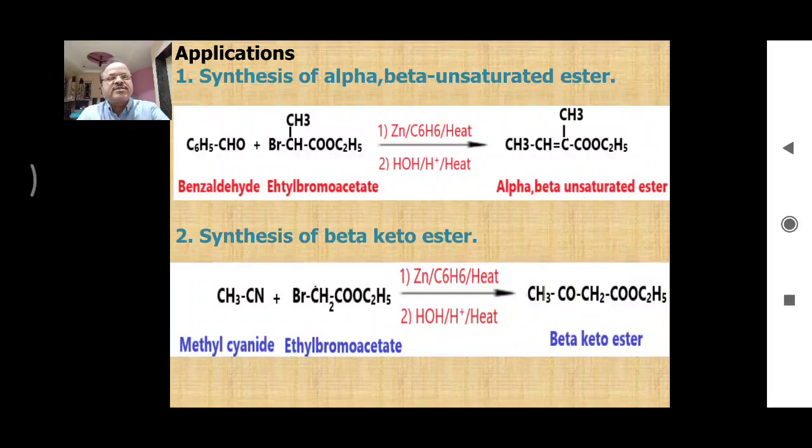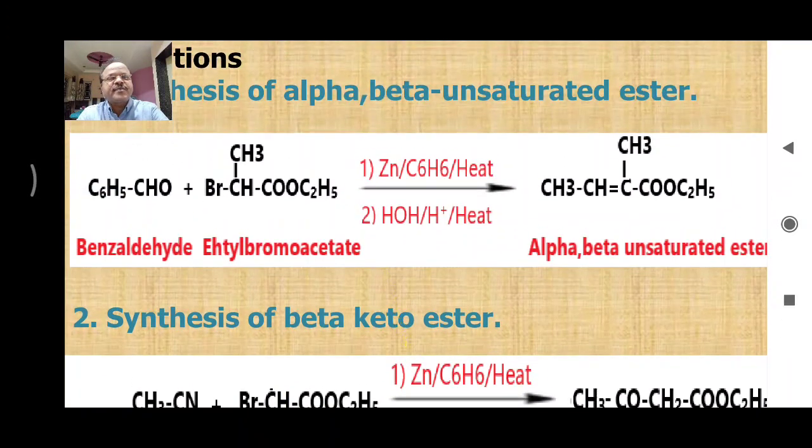Now in this case, benzaldehyde undergoes reaction with ethyl bromoacetate in presence of zinc, benzene, followed by acid hydrolysis, which forms alpha beta unsaturated ester.